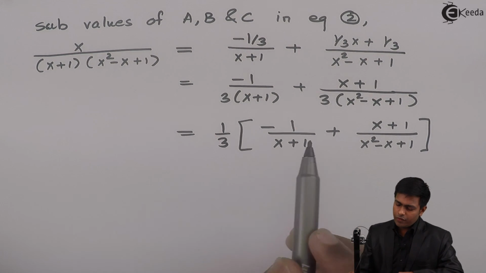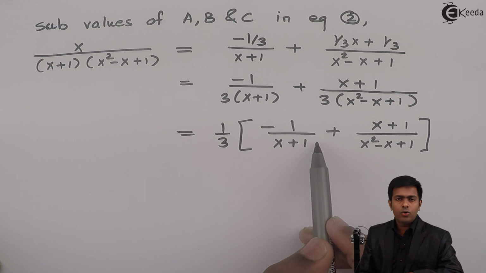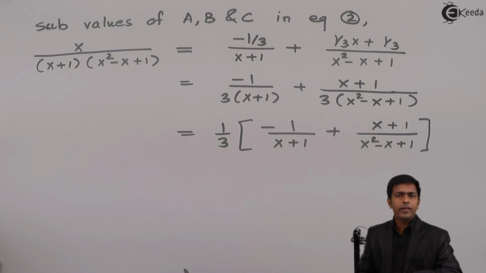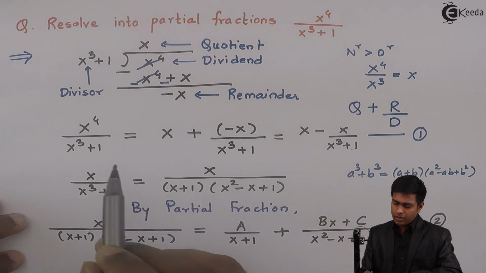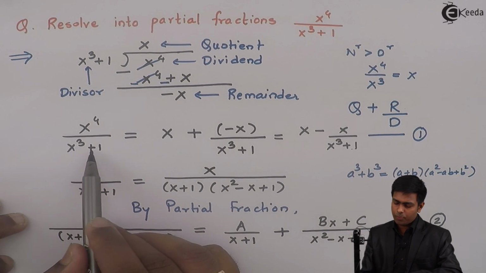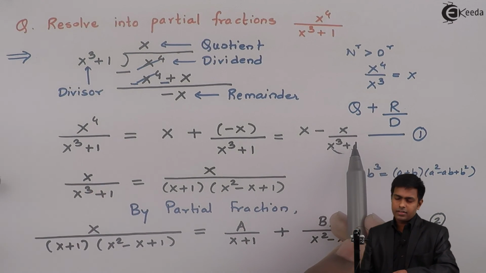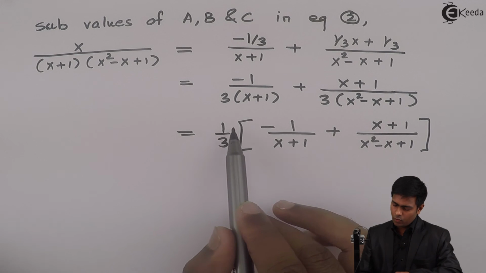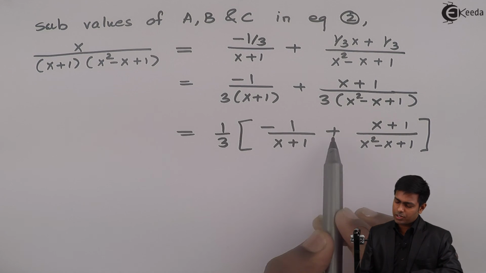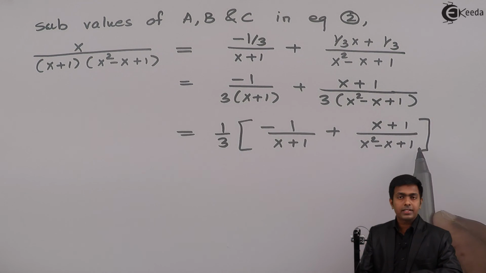So now we will substitute this value in equation number 1 to get the final answer. So here we have equation number 1, that is x raised to 4 upon x cube plus 1 equal to x minus this, and the value of this is 1 by 3 minus 1 upon x plus 1 plus x plus 1 upon x square minus x plus 1.